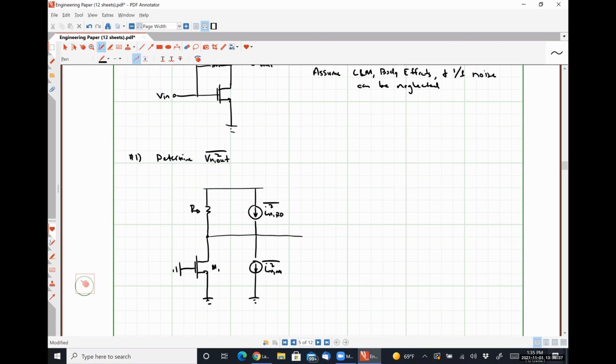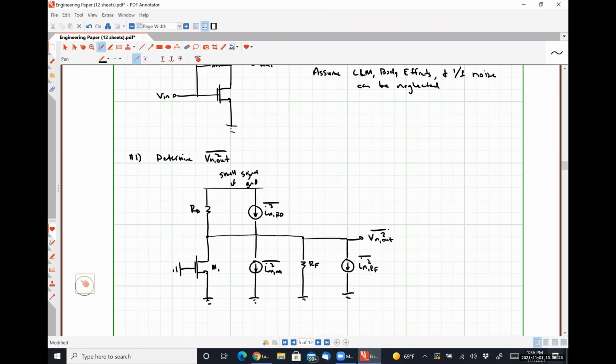And then between the drain and ground, we're also going to have a resistor RF and its associated current noise generator, INRF. And then here is where we will measure noise power output.